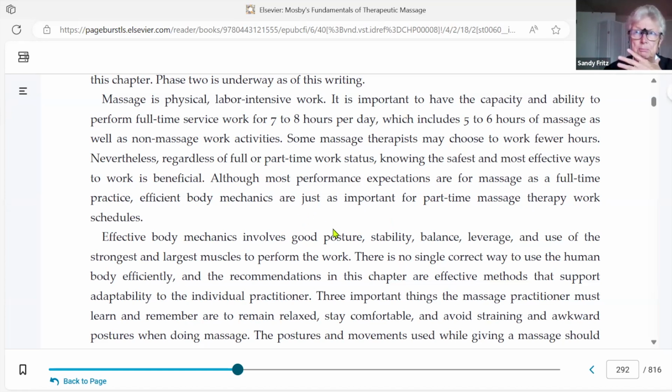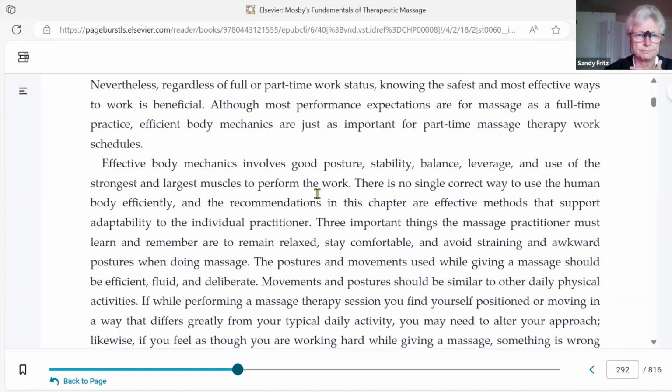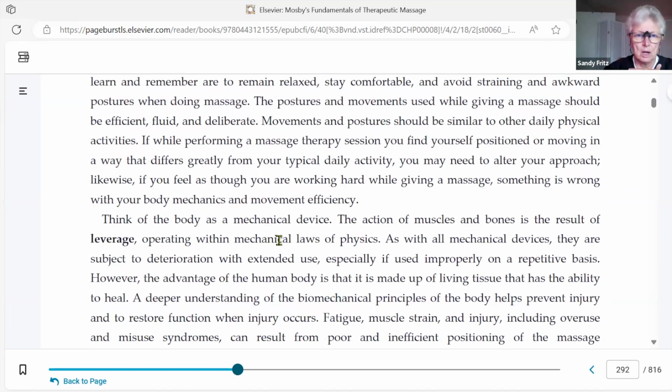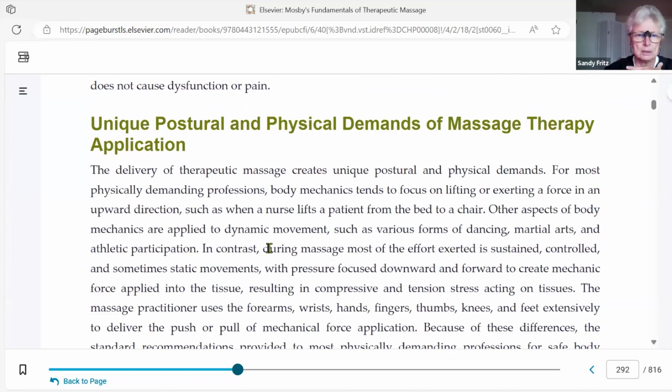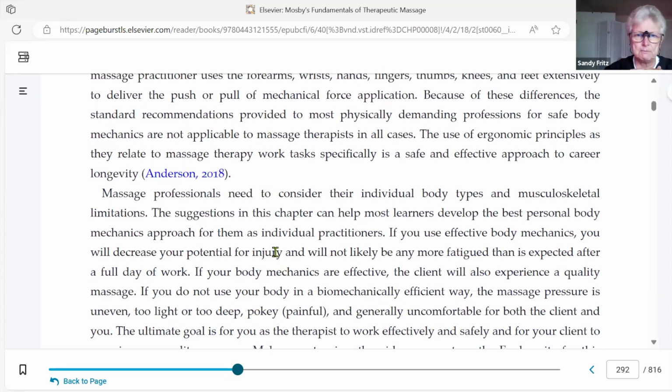If you were going to pair that out into a work day, that would look like 5 days a week, 5 hours of massage per day. If you're going to do that, you've got to do it efficiently and you've got to do it well. And that's one of the things we keep focusing on over and over and over.